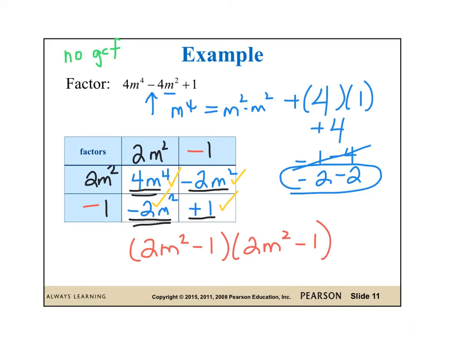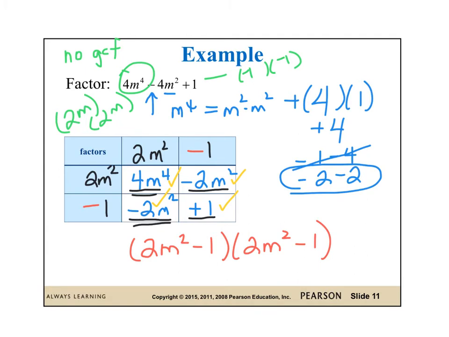Now, if you want to do that by the perfect squares method, then yes, I do realize that this is 2m times 2m, and that this is 1 times 1, but again, then these are both negative.